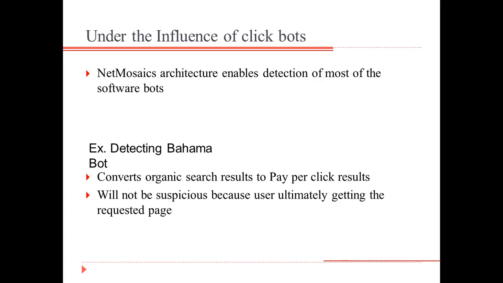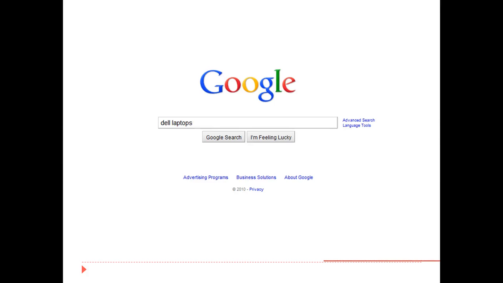Nowadays, fraudsters commit click fraud with the use of software bots. NetMosaics is immune to such attacks, and this example shows how it identified an attack from a Bahama bot. For example, let us assume that the user's device is infected with the Bahama bot.